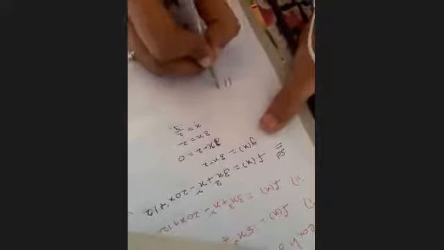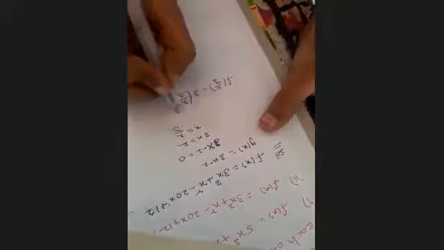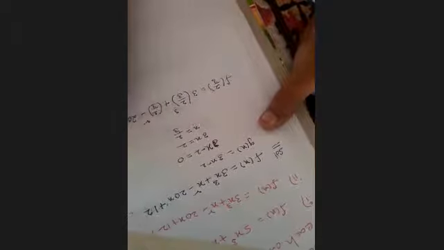So f of 2 by 3. 3 into 2 by 3 whole cube plus 2 by 3 whole square minus 20 into 2 by 3 plus 12.